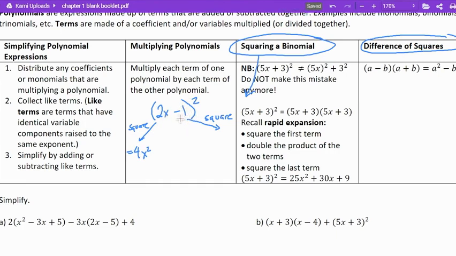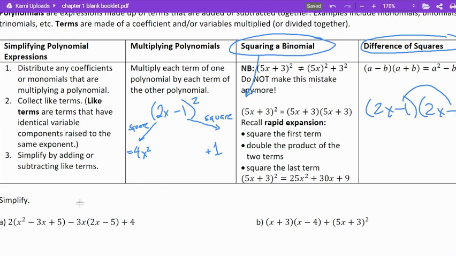Is it 1 or negative 1? What's the last term? No, it's negative 1. Okay, and think of it this way. If I had 2x minus 1 times 2x minus 1, and I was multiplying the last and last term, it would be negative times negative. So negative 1 squared is positive 1.